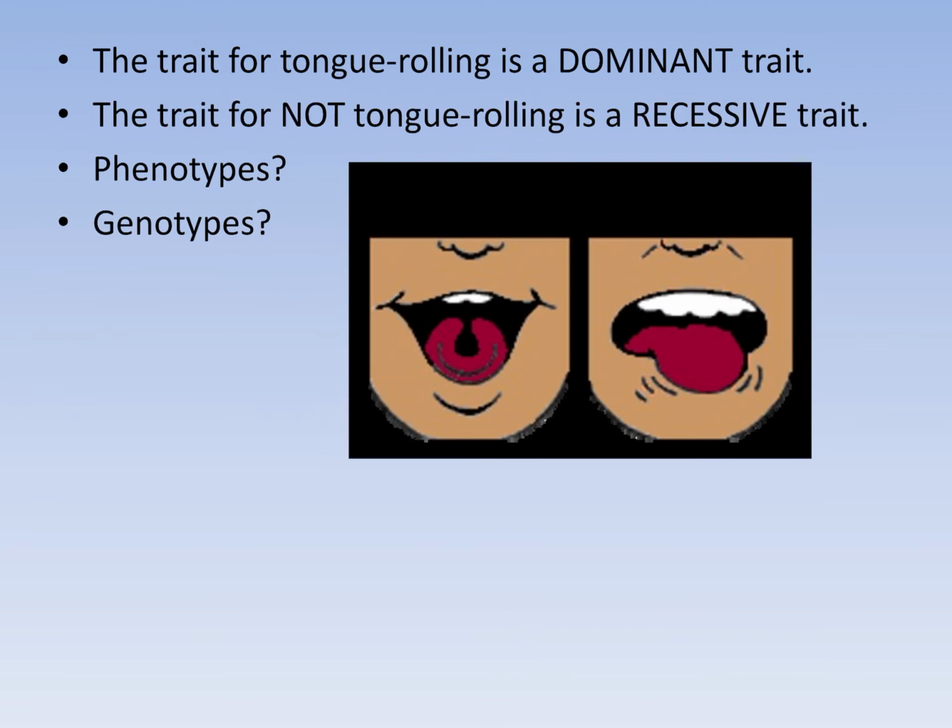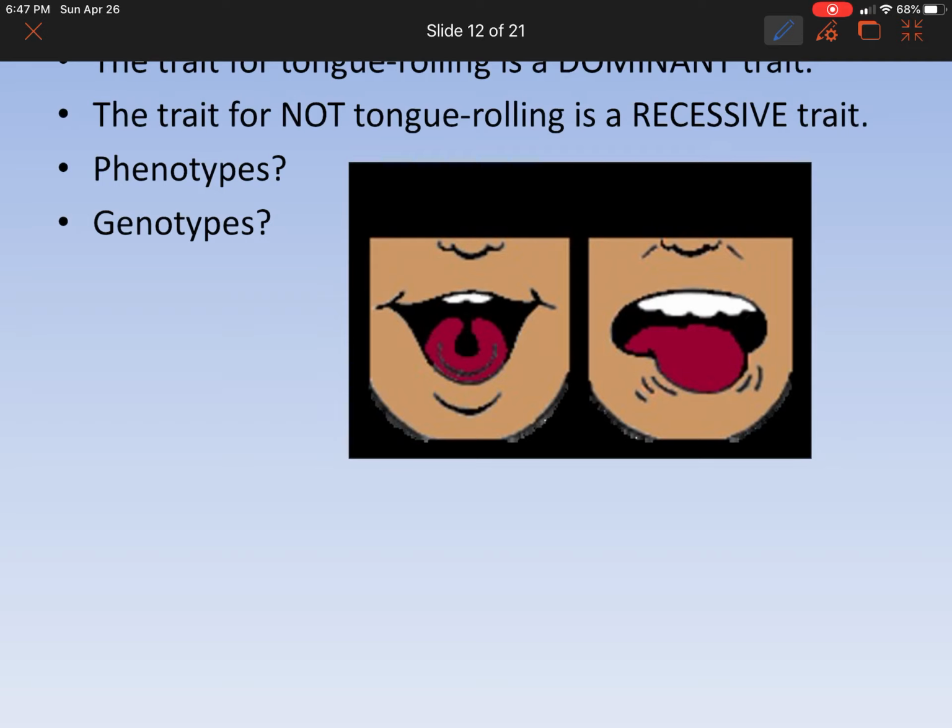Now, the trait for tongue rolling is dominant. So if you can roll your tongue, that is a dominant trait. Let's give it the tongue letter, T. So if you can roll your tongue, that is a dominant trait, capital T. So you could be either TT or capital T, lowercase t. Both of those types, so both this where you've got two capital letters or a capital and a lowercase.